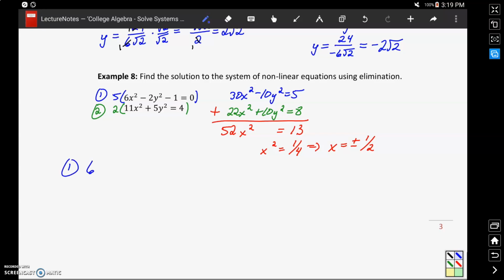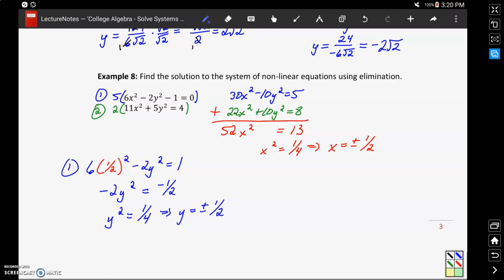Substituting back into equation 1, we can drop in x equals 1/2 and go ahead and add 1 to the other side, which will leave us with negative 2y squared is equal to negative 1/2, or y squared is equal to positive 1/4, meaning that one value for x is going to be paired with two different values for y, in this case both plus and minus 1/2.